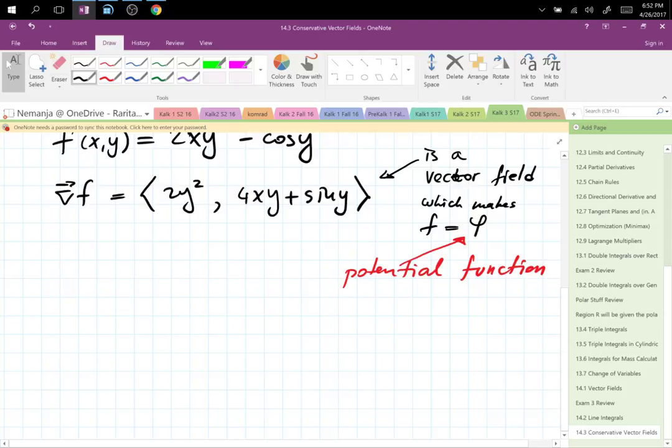So step number one, check if the field is conservative, because if it is, you are guaranteed to have the function. Go ahead, spend hours, find it, right? If you don't get a conservative field, sorry, don't waste time. So the test for conservative vector fields. This is what you are also memorizing.